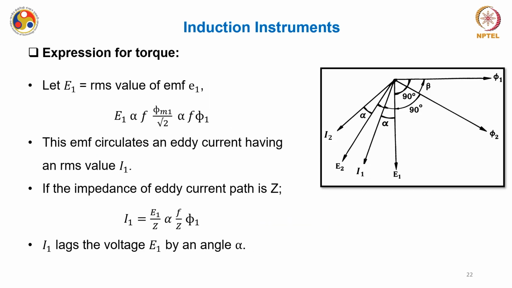Now, say I am considering the RMS value of EMF E1. I can say that E1 is directly proportional to F into the RMS value of the flux, which is nothing but phi m1 by root 2. Therefore, E1 is directly proportional to F into phi 1, where phi 1 is the RMS value of the flux.